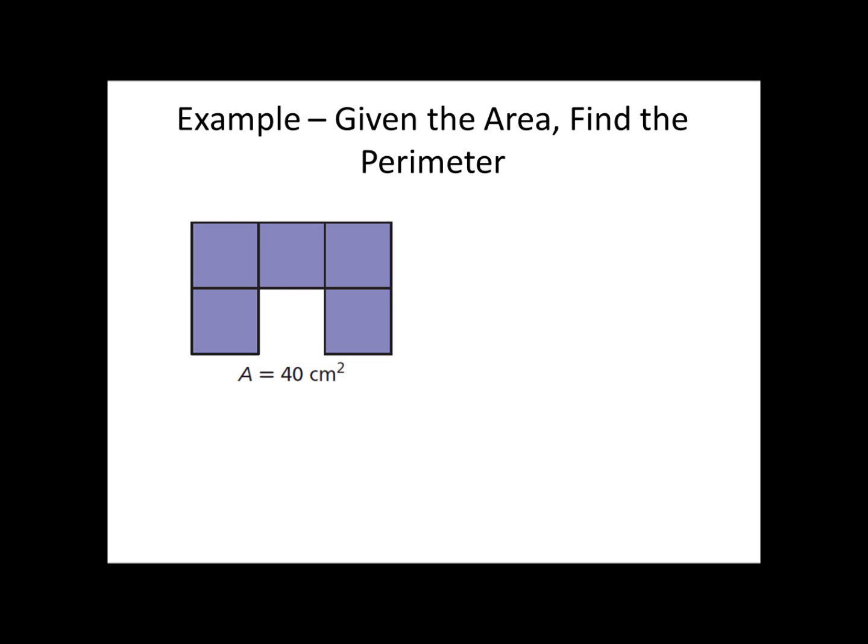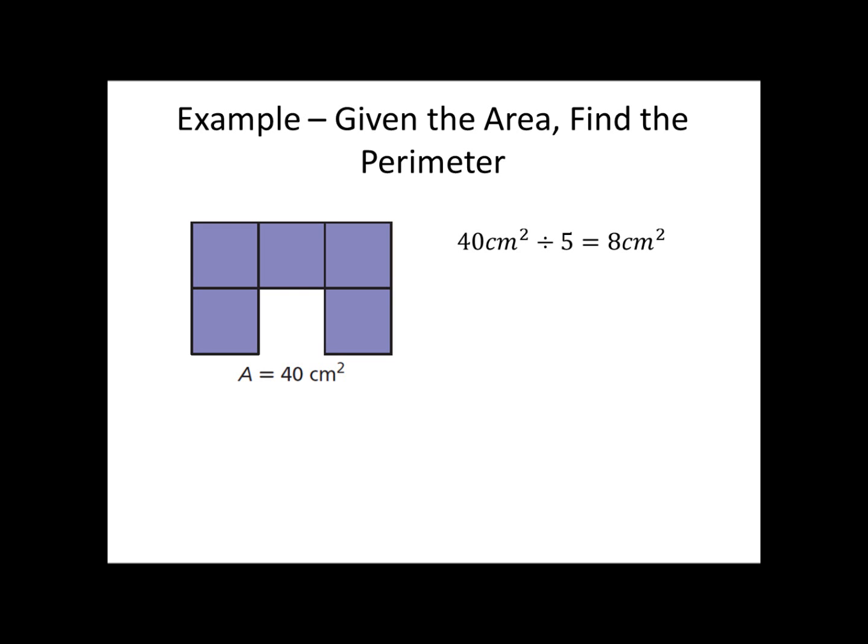I'm going to take my area, 40 centimeters squared, and I'm going to divide it by 5. Now what that's doing is finding the area of each little square. So each square that we see on the screen is 8 centimeters squared. Now, why is that useful?